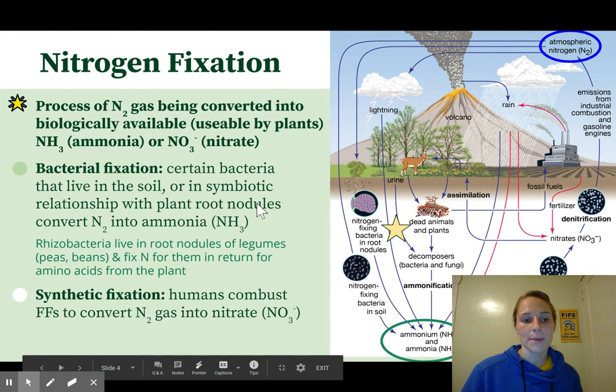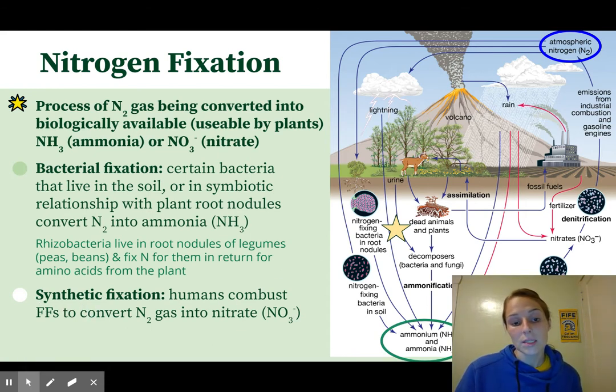Now there's another type of fixation called synthetic fixation. And synthetic kind of means it's not supernatural. That's because humans do it. And this is when humans are going to combust fossil fuels to convert nitrogen gas into nitrate.